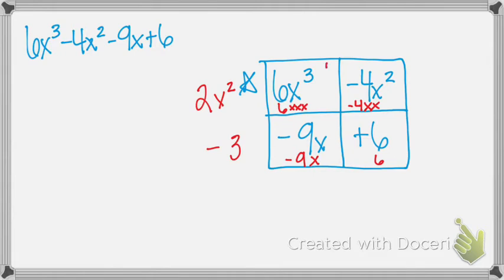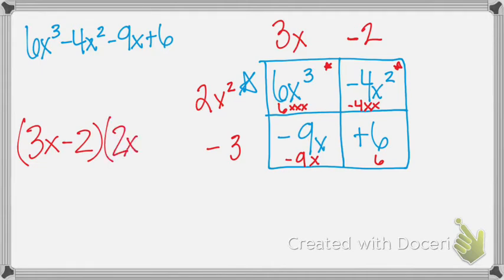Now, we look at the first column. 3 goes into 6 and 9. How many x's do you have in common? 1. You look at the last column, and we have a -2. But do we have any x's in common? Nope. So we have two factors: 3x minus 2 and 2x squared minus 3.